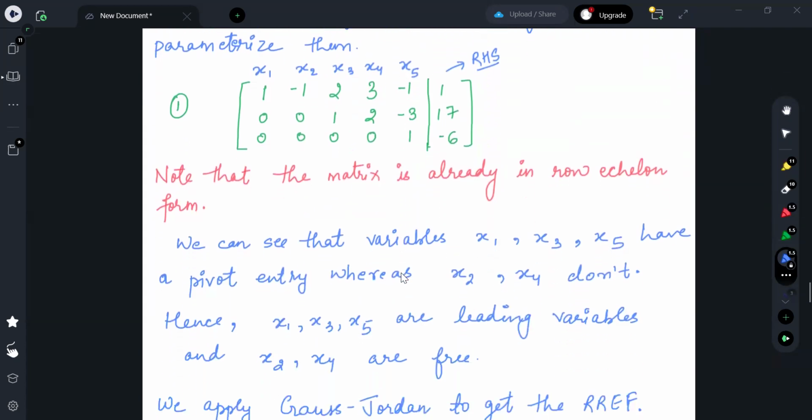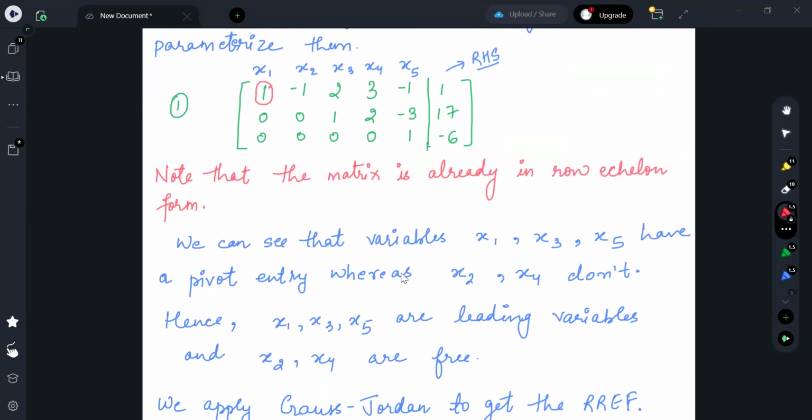Now, once I have my matrix, you can see that this matrix is already in row echelon form, and you can immediately realize, if I go from the upper left corner, I have a pivot, a non-zero entry in column 1. So that is definitely not a free variable. x1 is going to be a lead variable.